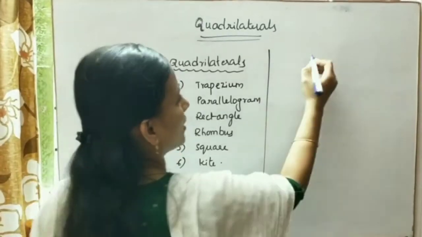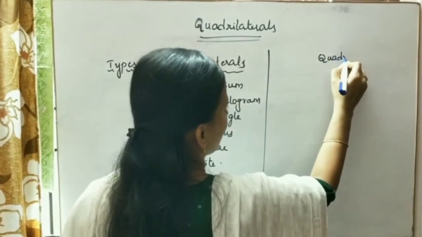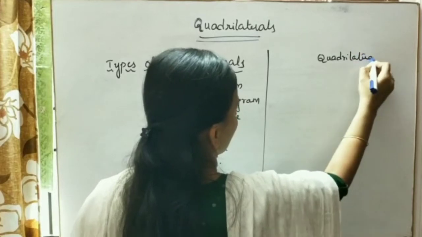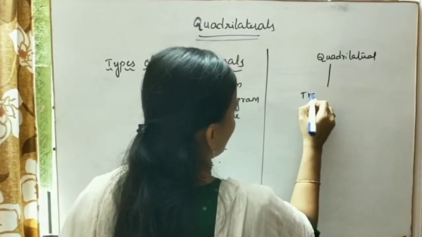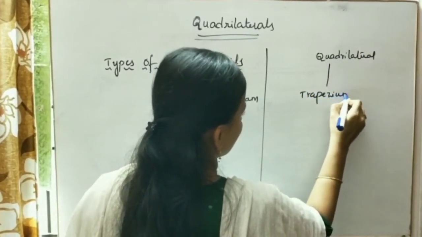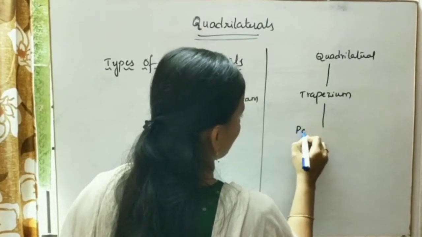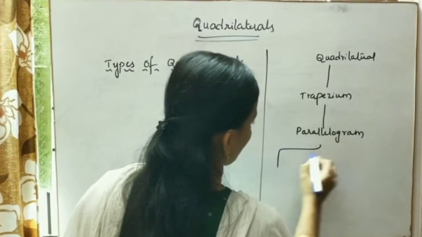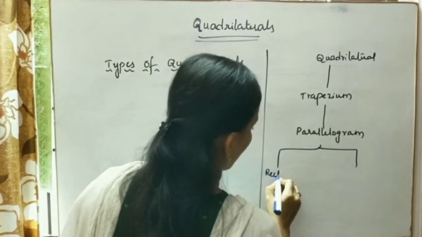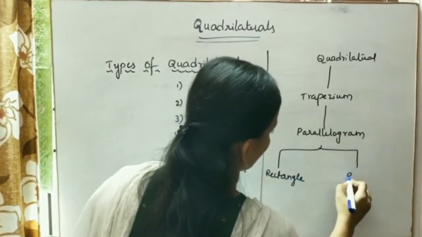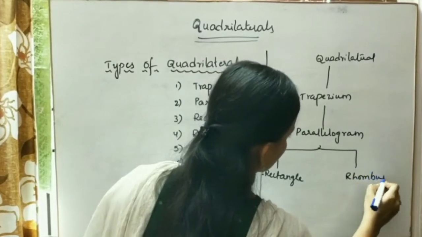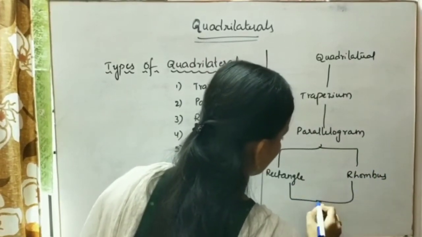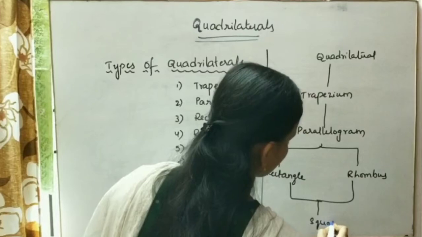So here first one is quadrilateral, trapezium, next parallelogram, rectangle, rhombus, and it is square.